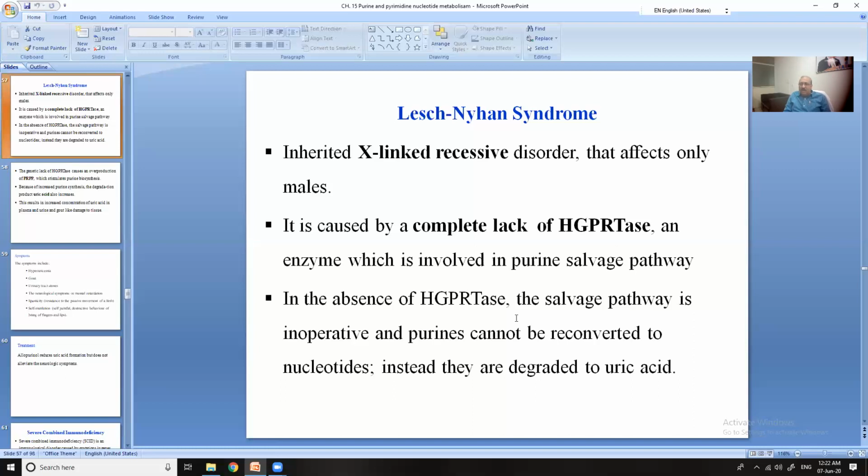Instead, they are catabolized to uric acid. That's why I discussed Lesch-Nyhan syndrome along with gout, because this enzyme is defective, nucleotides are not formed, and purines are changed to uric acid.